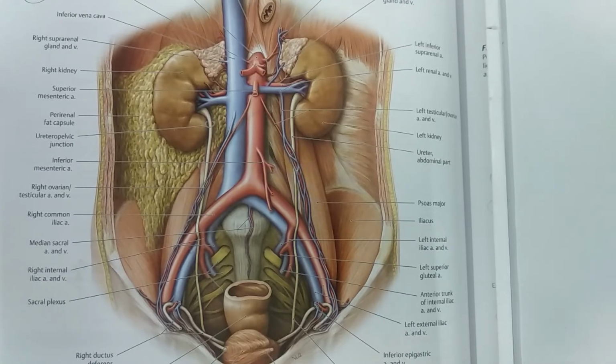Now come to the arterial supply of the ureter. As you have already seen in the relations of the ureter, there are lots of different branches of the arteries surrounding the ureter laterally.